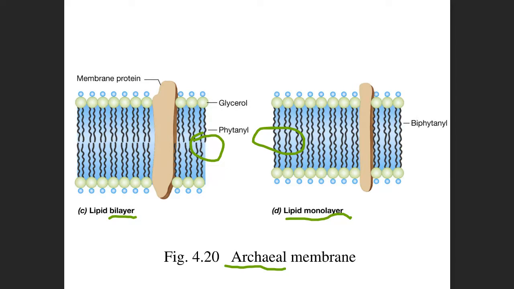So they need their membrane to be much more stable. And so the monolayer will provide more stability to the membrane. So now your conclusion is, aha, the monolayer is linked to Archaea, because Archaea lives in extremely hot environments.